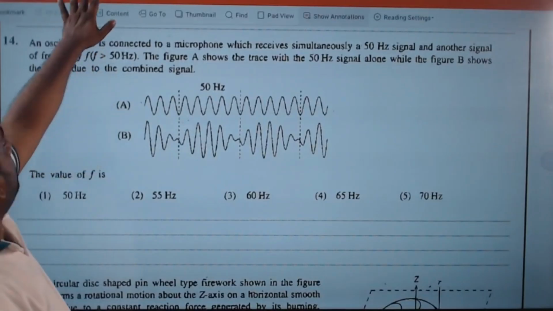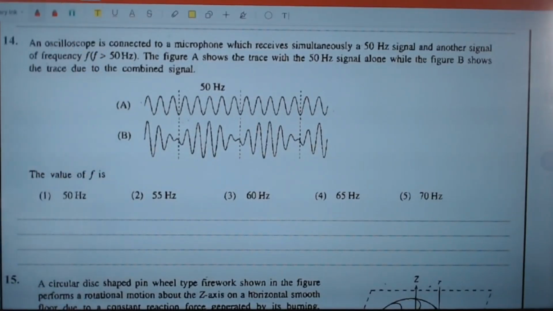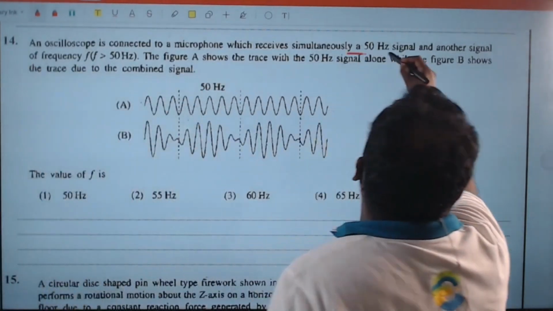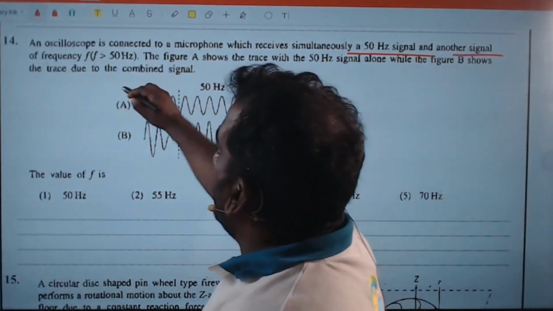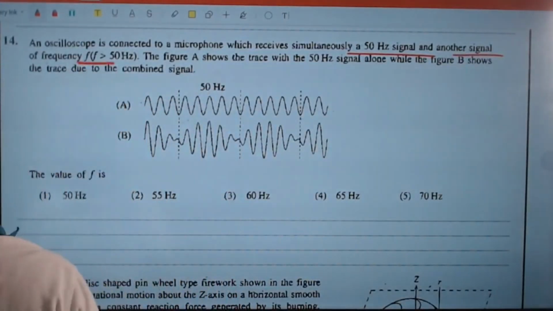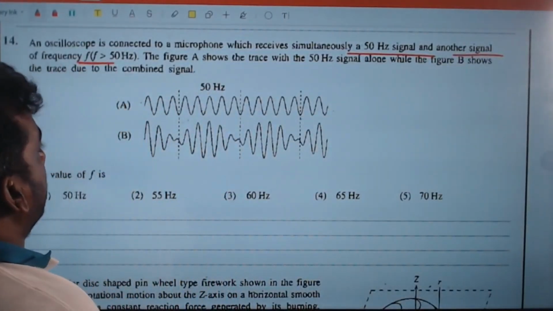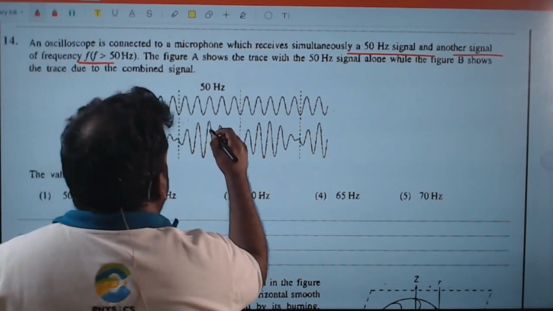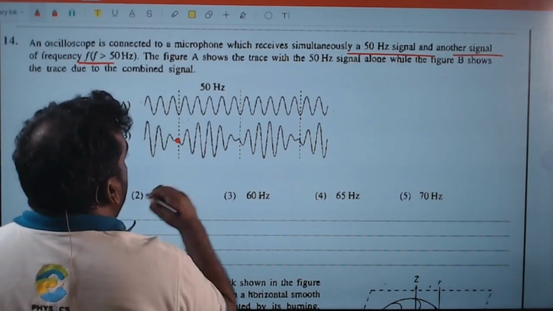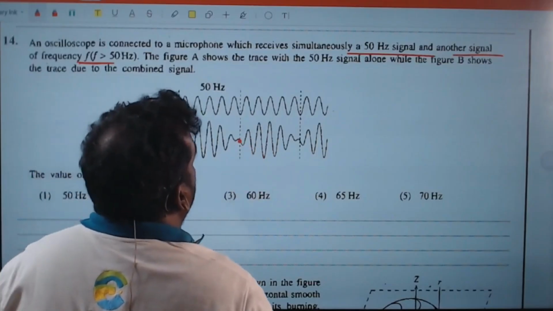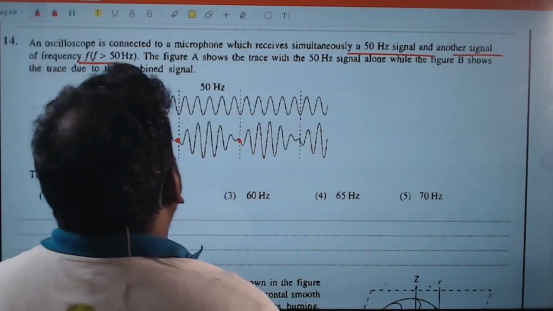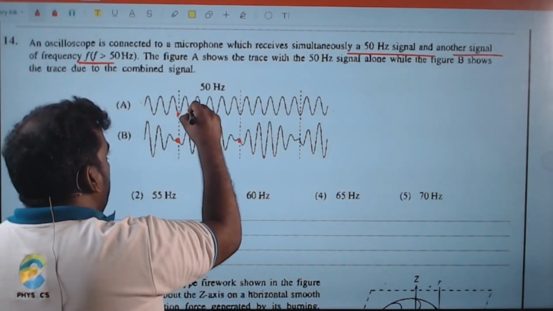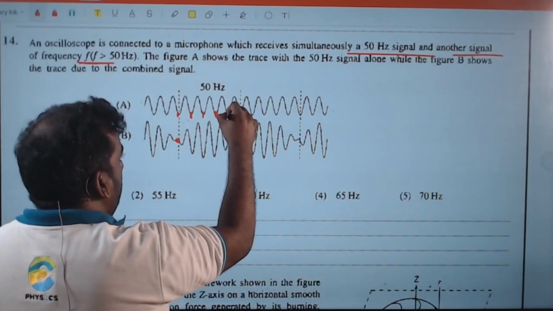Right. An oscilloscope is connected to a microphone which receives simultaneously a 50 Hz signal and another signal of frequency slightly more. The figure shows the trace. So you can see the beat pattern will repeat. How many cycles? 1, 2, 3, 4, 5.